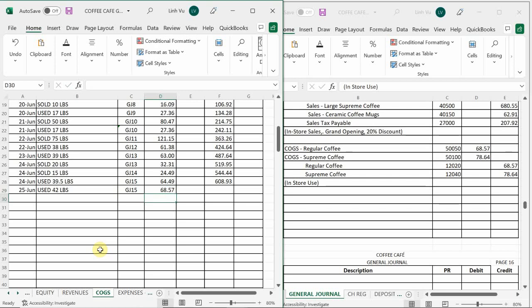And that should give me an account balance of $677.50.